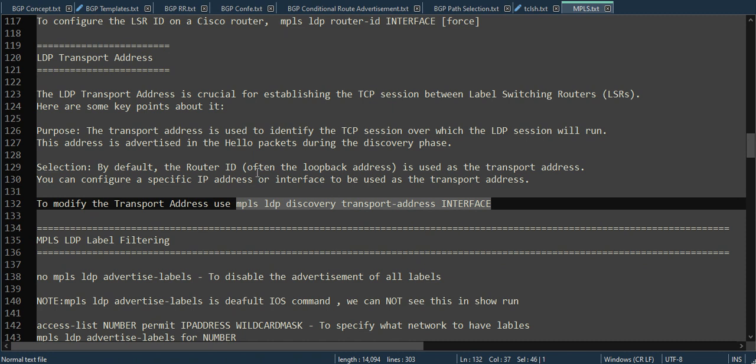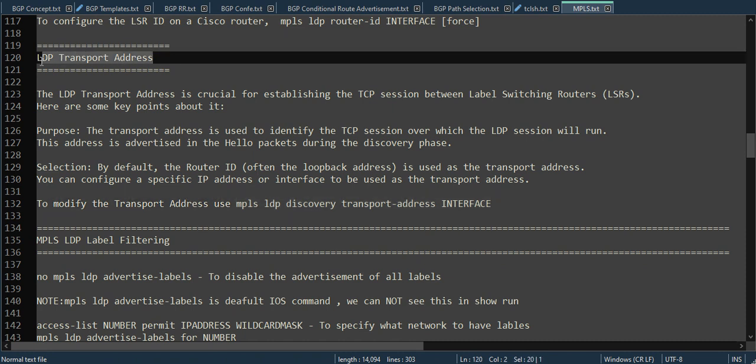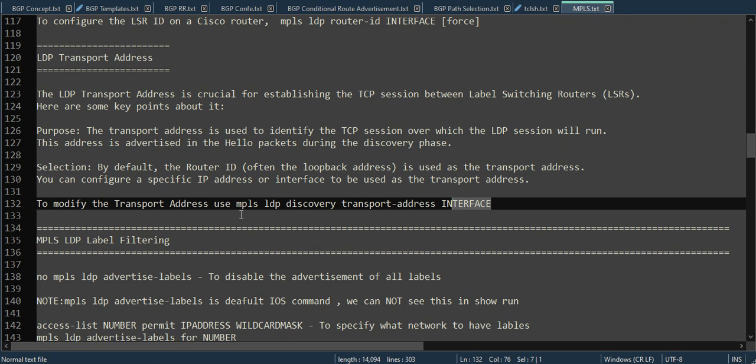This command is used for changing our transport address, and we specify our interface.